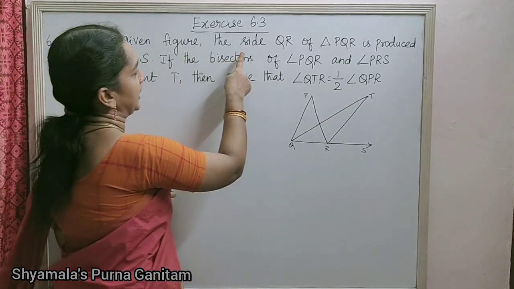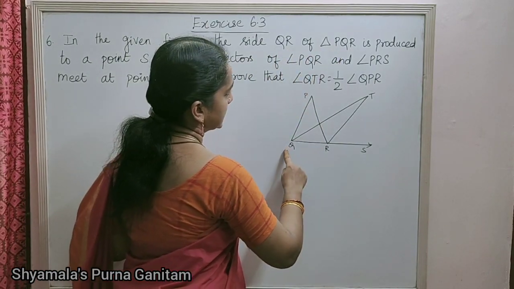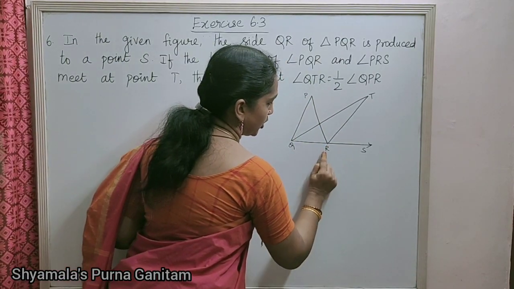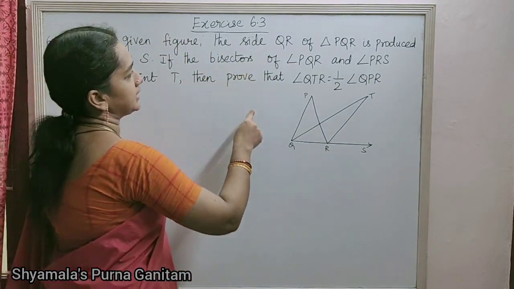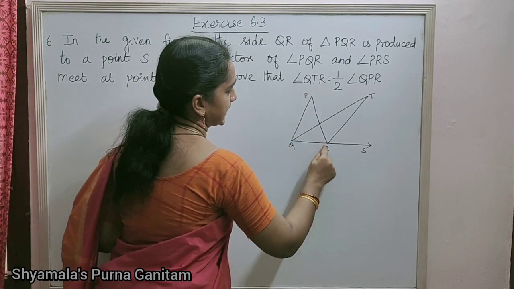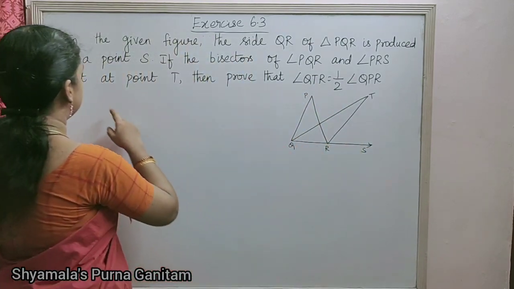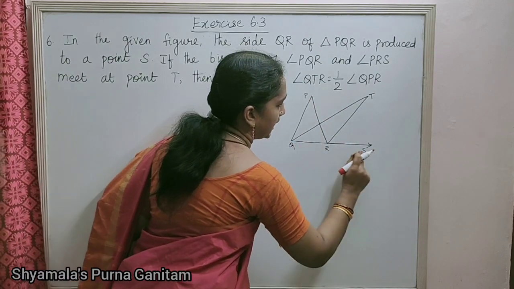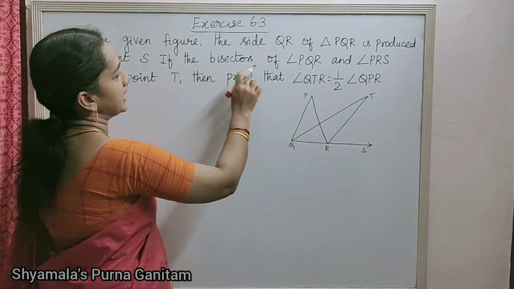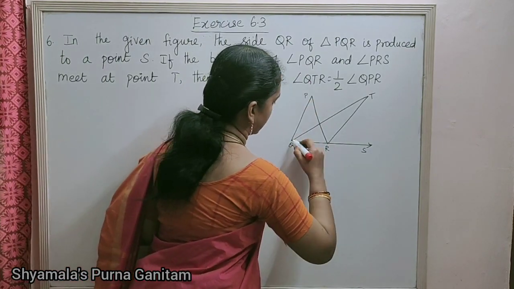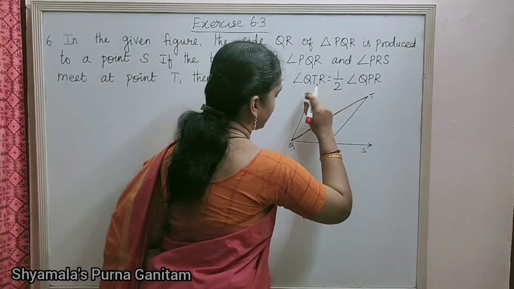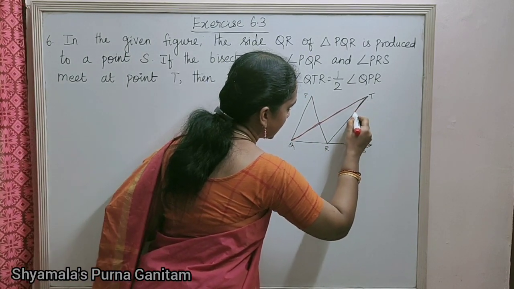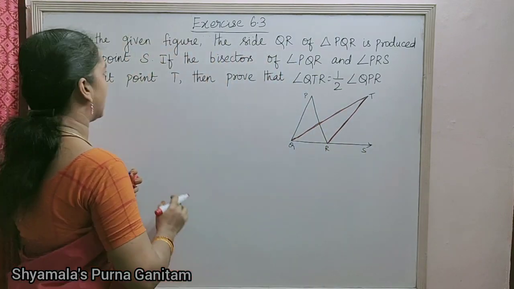Sixth sum. In the given figure, side QR of triangle PQR is produced to a point S. If the bisectors of angle PQR and angle PRS meet at the point T, QT is the bisector of angle PQR, and this is the angle PRS, so RT is the bisector of angle PRS.